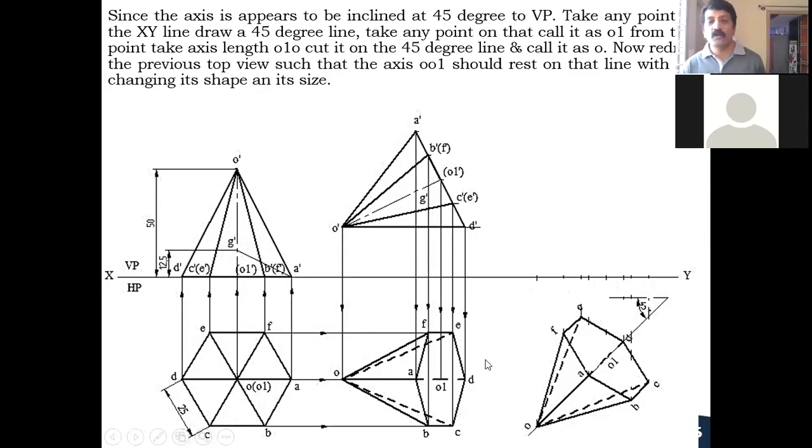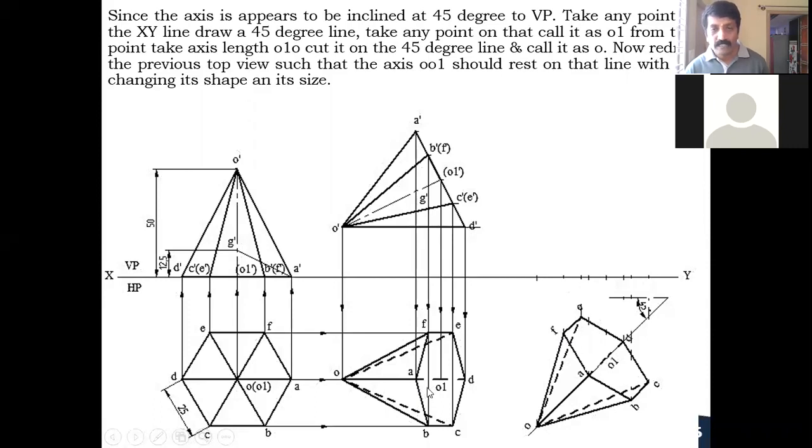So O1, O are on the same line. O1 to D distance you take and cut it here, you will get D. The same distance O1 to A, you cut on the other side, and you are going to get A. So the same line OA, O1 and D you can get. How to get the other four points E, F, B, C? The same line, A to this distance you take and D to this distance you take. Draw a perpendicular line.